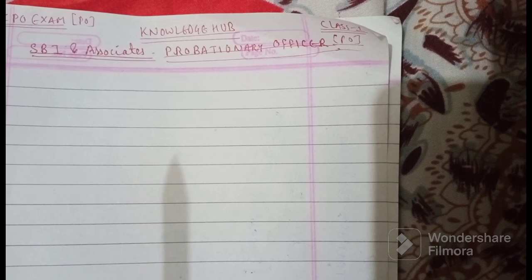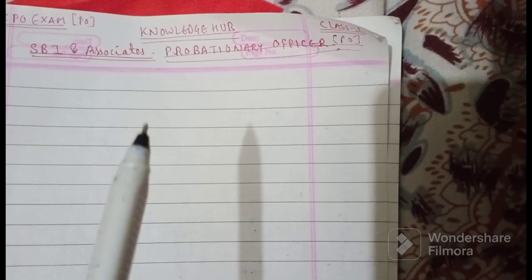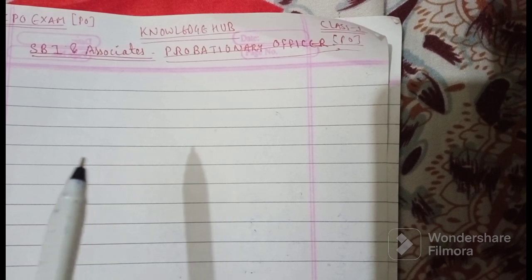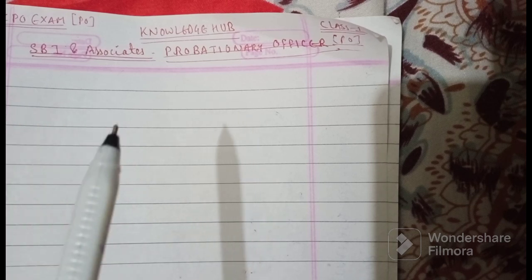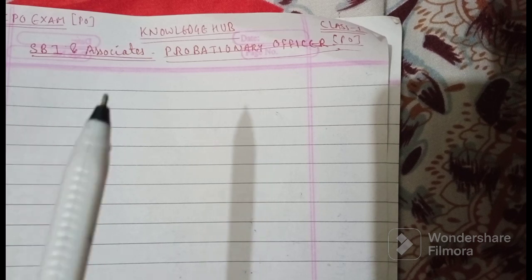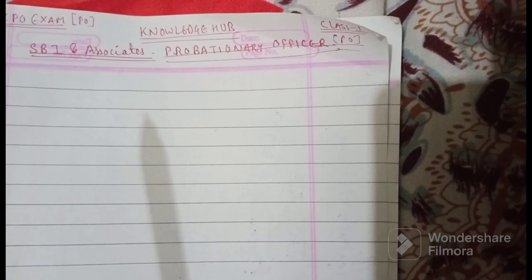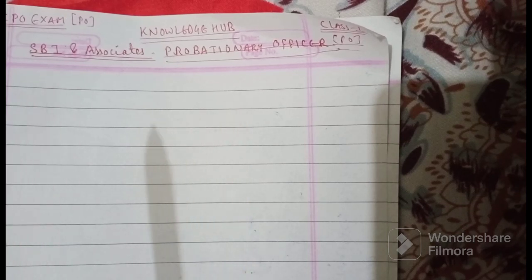Basically, this will take you to a rewarding career in the largest banking system of India, which is SBI and Associate. Here we will be discussing many things related to it, with special focus on the descriptive test, strictly according to the current test pattern, and special focus on general awareness.